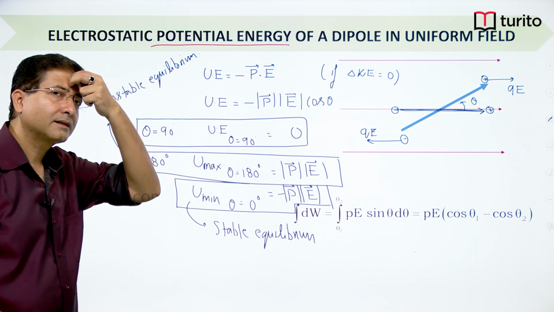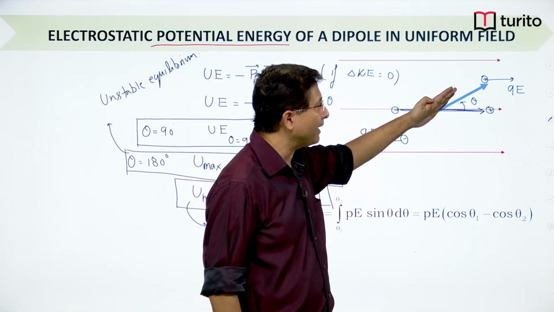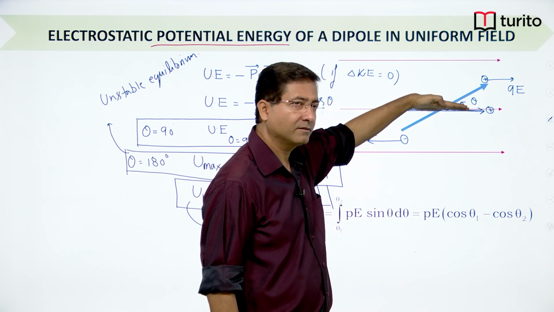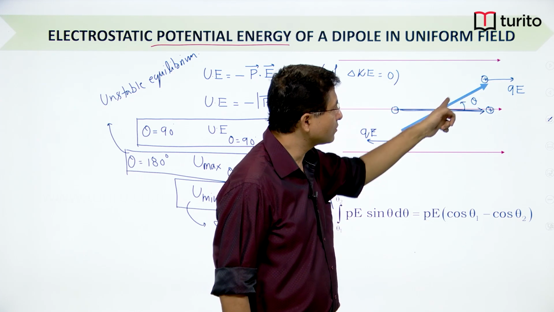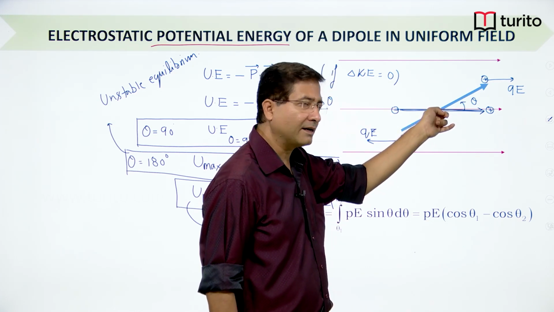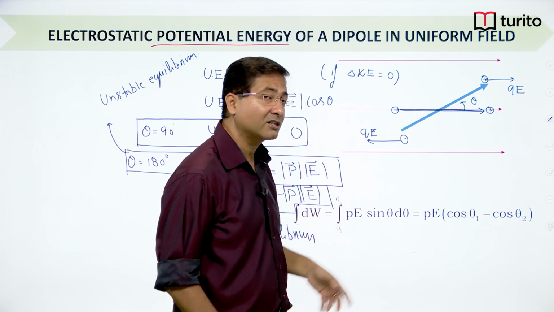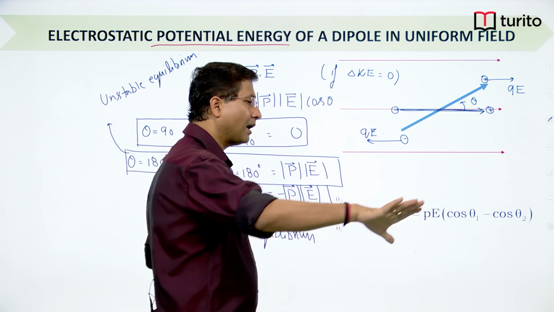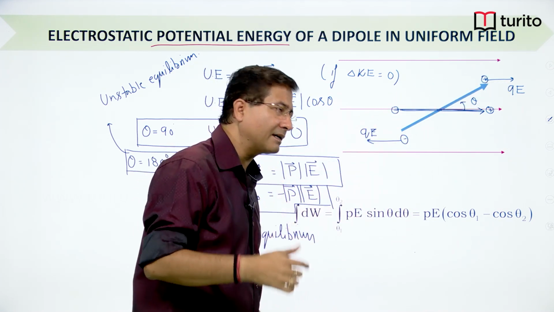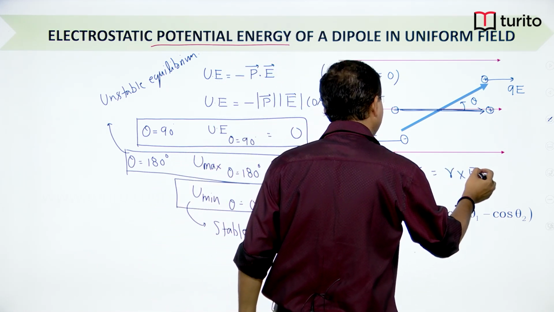As you can see, the field is trying to bring the dipole back towards its initial orientation, because this force will offer torque about this point, and that torque is coming in the inward direction, and this is also offering torque about this point in the inward direction, R cross F. I am using the right hand rule to calculate torque. Tau is equal to R cross F, the basic formula for torque.